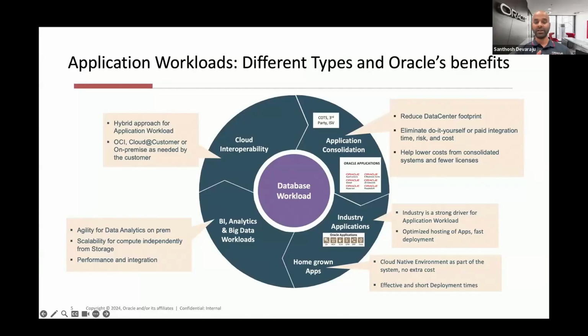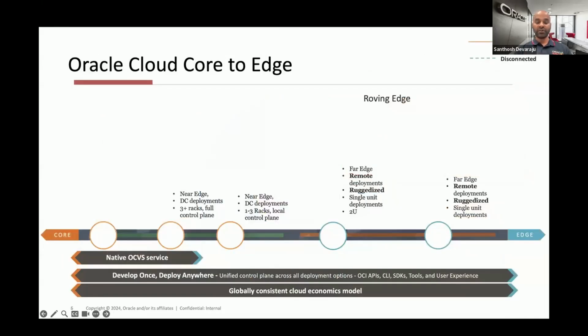The pattern is hybrid by design. With Oracle Distributed Cloud, OCI regions, dedicated region, or Cloud@Customer, which you will learn a little more about in the next slide, you can create a consistent operating model, whether it is in your data center or on the cloud. Let me show you what that unified architecture looks like.